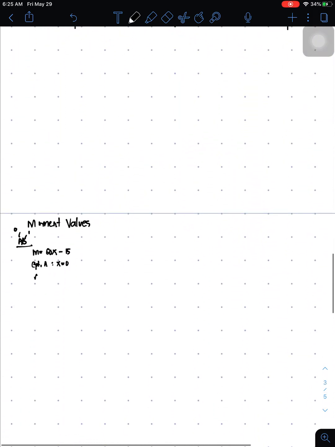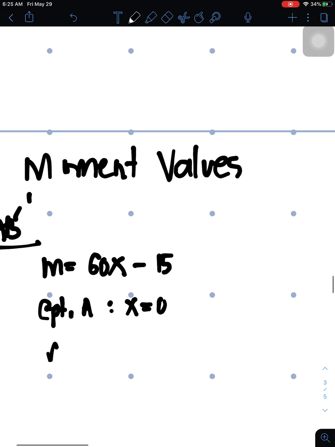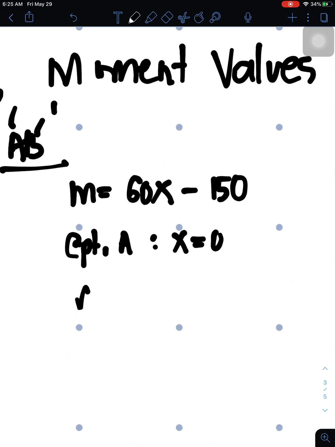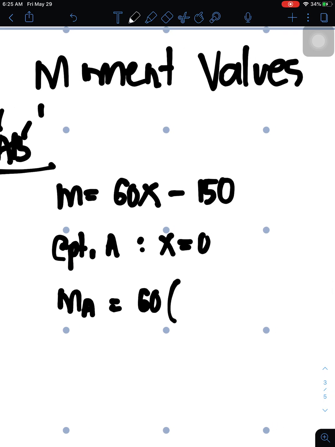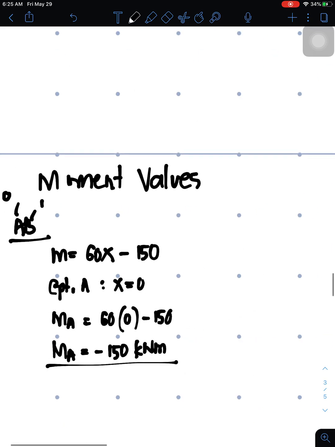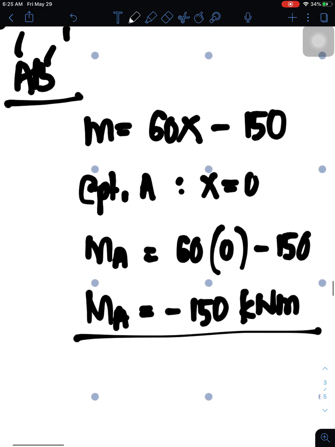Minus 150 din siya. So MA is now 60 times 0 minus 150. So MA is negative 150 kilonewtons meter. So negative ang atong value sa atong MA.